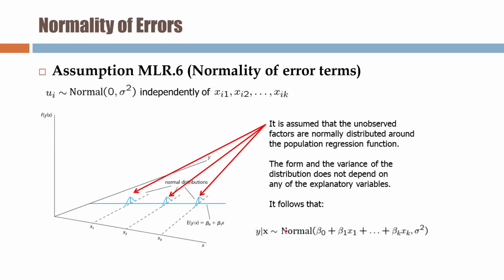So for the sixth assumption, this is a multiple linear regression assumption, 6 is the normality of the error term. There is error here and there, but that error follows a normal distribution. And we already talked about this, right? This sigma, the standard deviation or the variance, is not a function of the variable x1 or x2 or x3.